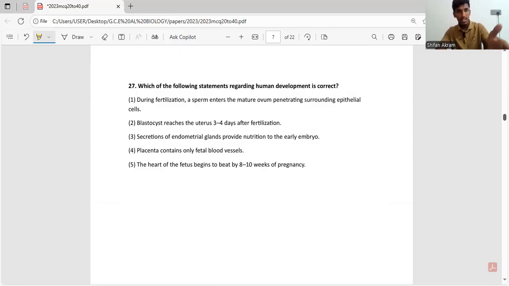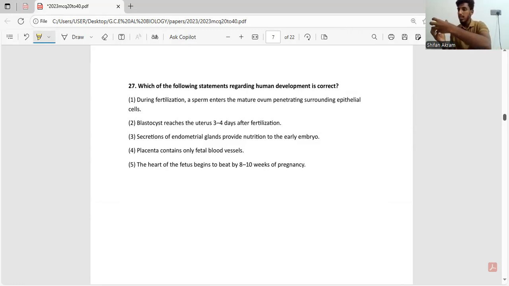Then we have: the blastocyst reaches the uterus 3 to 4 days after fertilization. Now, what happens during fertilization? An egg cell fuses with a sperm cell and forms a zygote. This zygote is a single cell, and it undergoes mitosis and forms 2 cells, and these 2 cells become 4 cells, and 4 cells become 8. In this way, they start to divide mitotically.